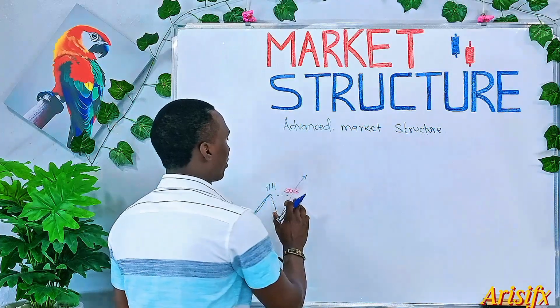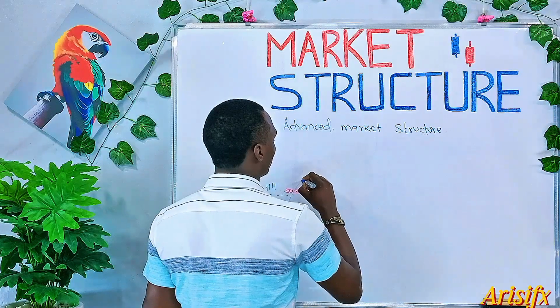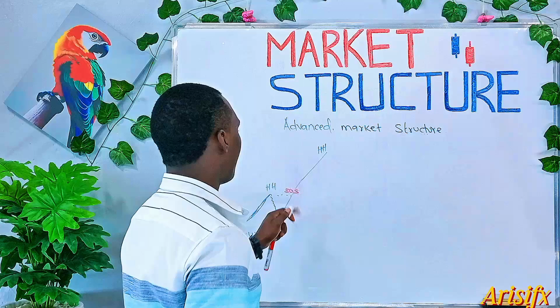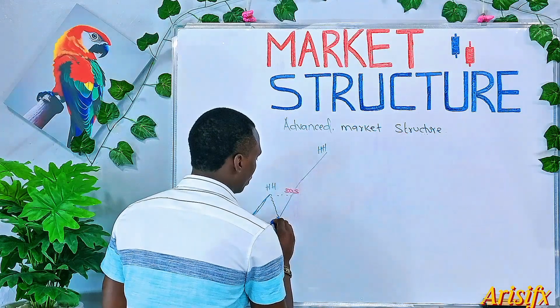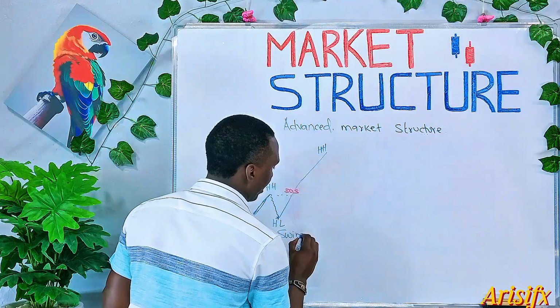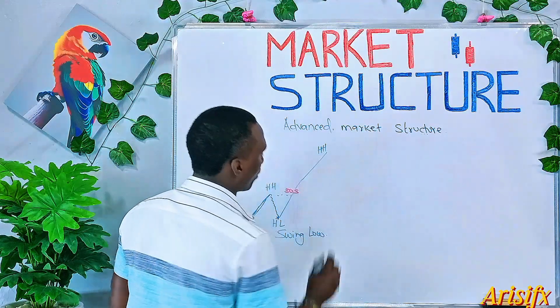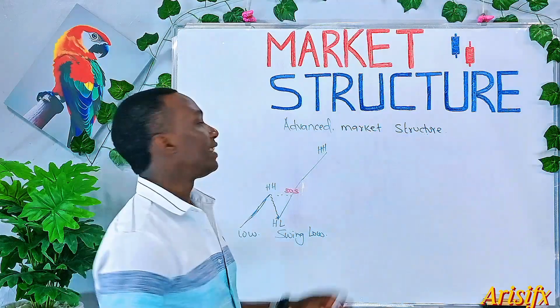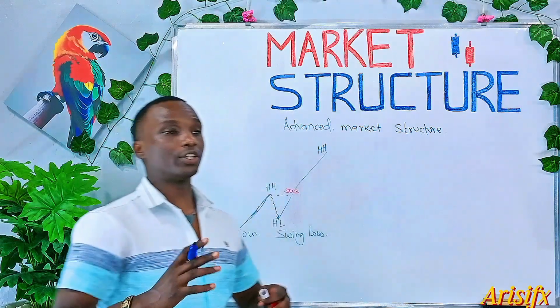After causing this break of structure, they move to more higher highs. So we form a higher low here, and this one is our swing low.